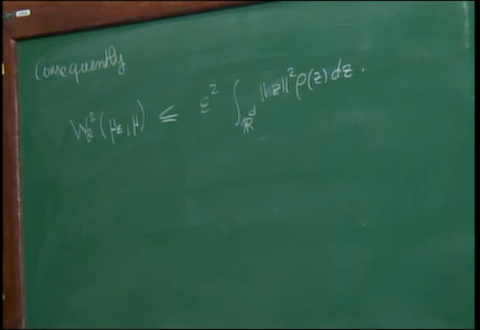And so I have an estimate which is even independent of mu. Therefore, the limit of W2 of mu epsilon and mu goes to 0.